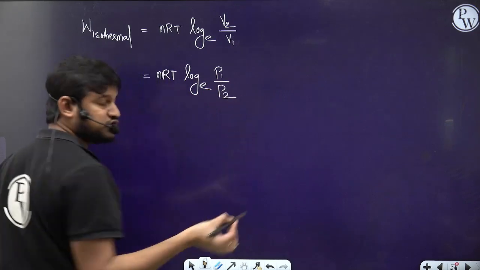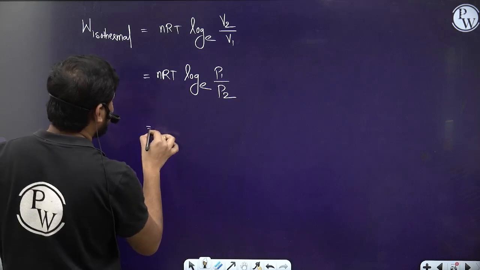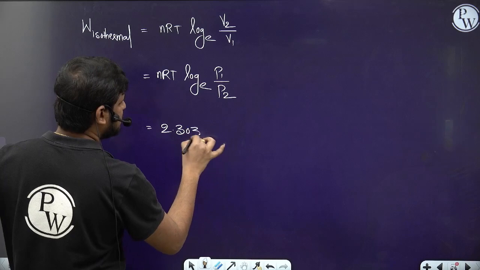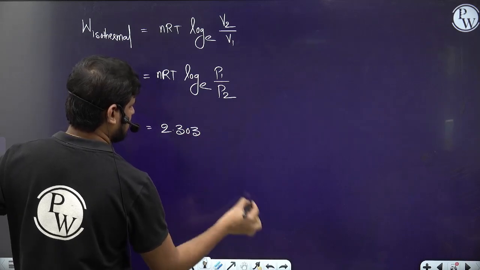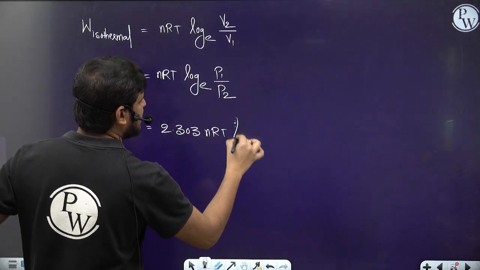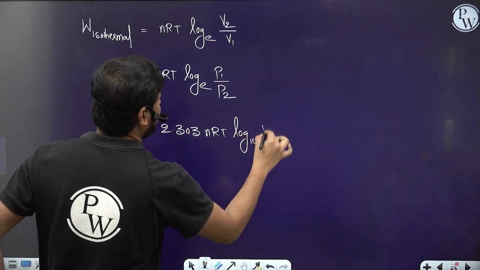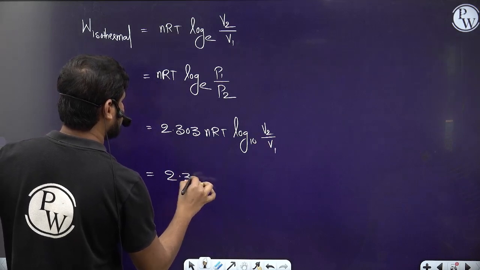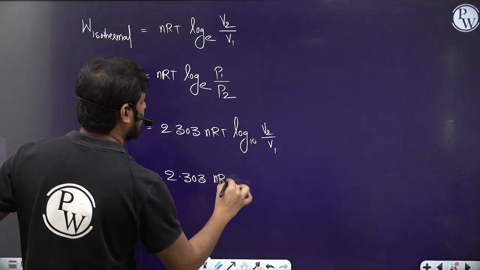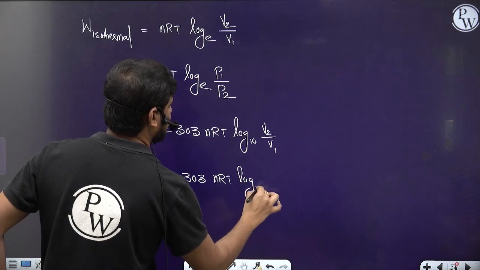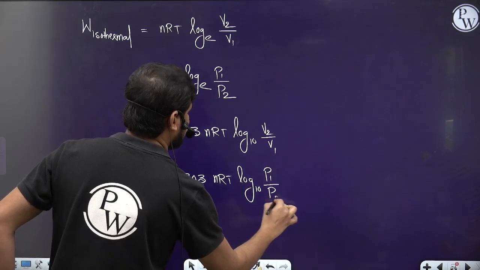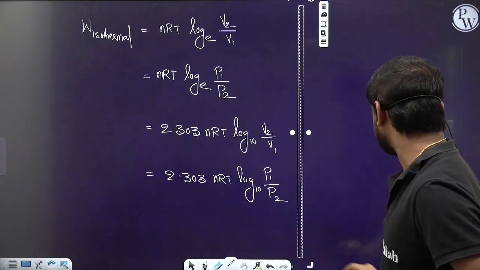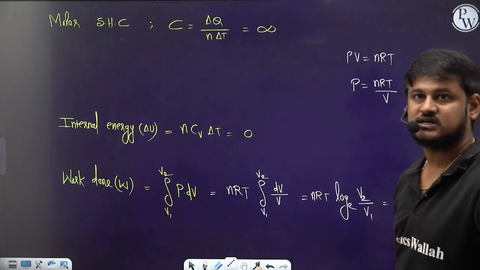Or you can also take out the log e and put the base log 10, which gives 2.303 nRT log base 10 V2 by V1, or 2.303 nRT log base 10 P1 by P2. Clear? So this is all about the work done in the isothermal process. These are just conversions. You guys have to remember this part.